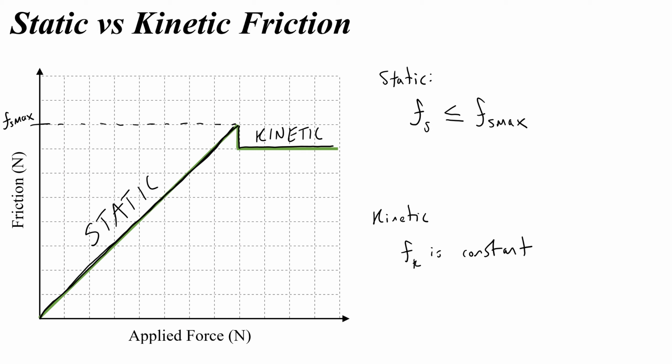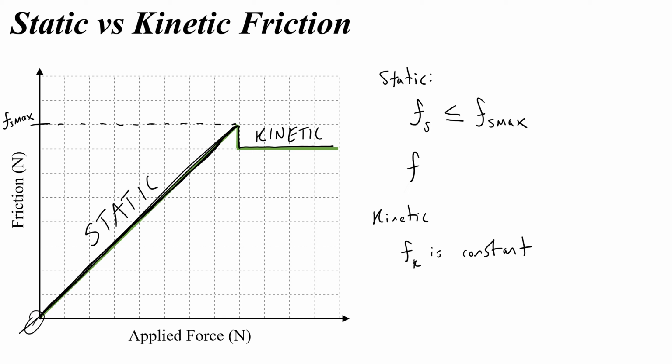So now if we return to our static friction little note, we can remember that static friction doesn't have to be equal to the maximum value. It varies from 0 to some maximum value. So it's important for us to note that the coefficient of static friction relates to the maximum.